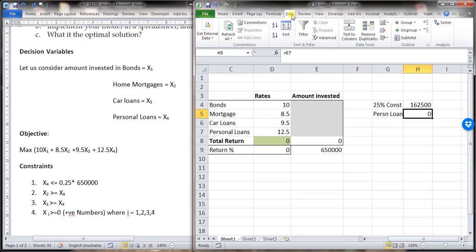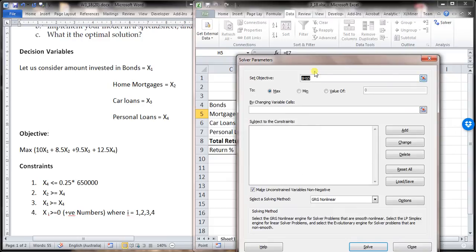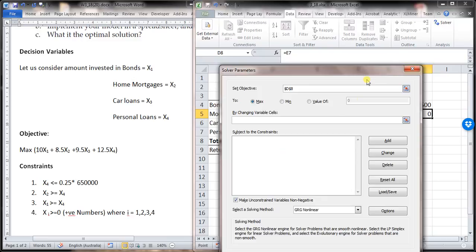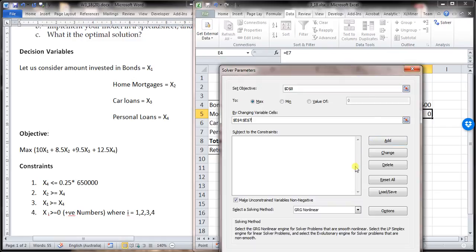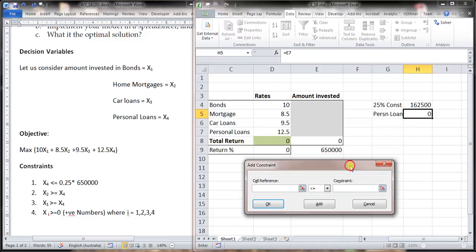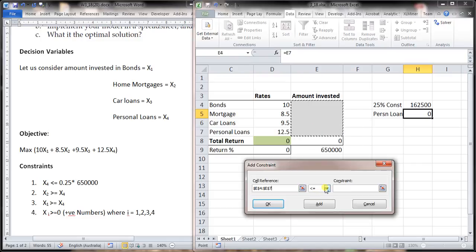Let's go to the Solver and choose maximize the total return by changing the variable cells, the amount of money invested, subject to the constraints. The first constraint is that all these values are greater than or equal to 0.